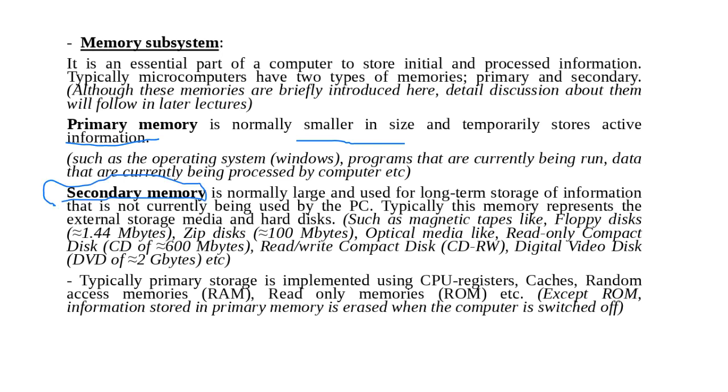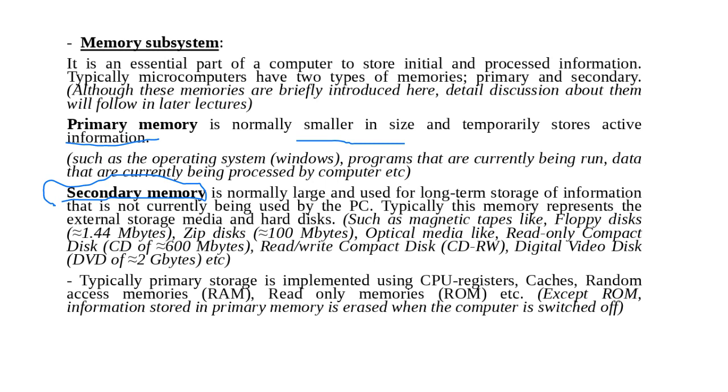It is normally large and used for long-term storage of information that is not currently being used by the PC. Typically, this memory represents external storage media such as hard disks or floppy disks. Previously, during our student life, we used floppy disks, not portable hard drives. They were not available at that time. Floppy disks were small in size.